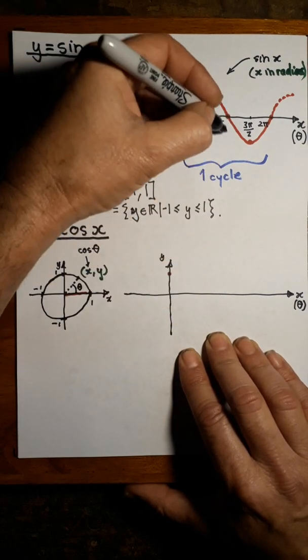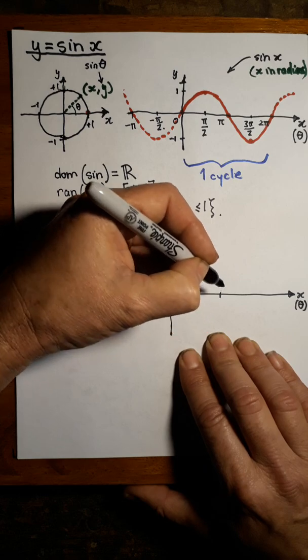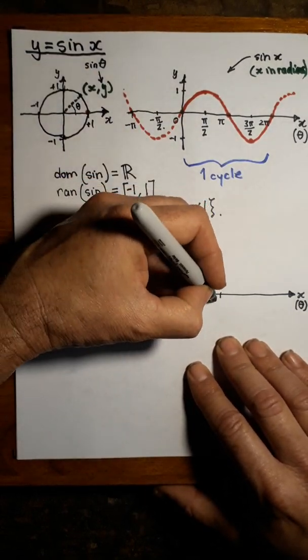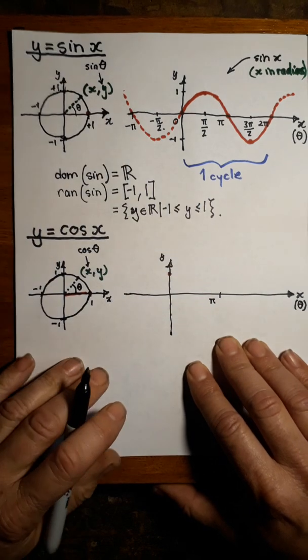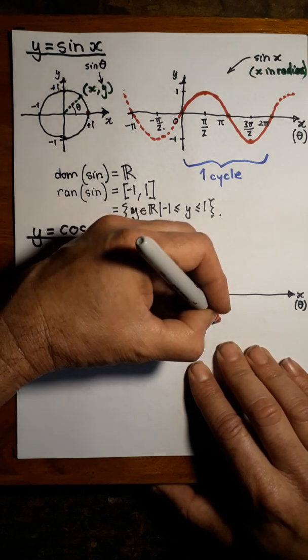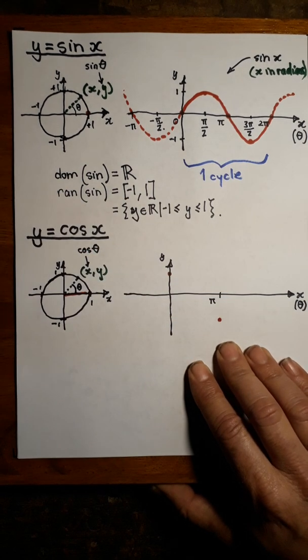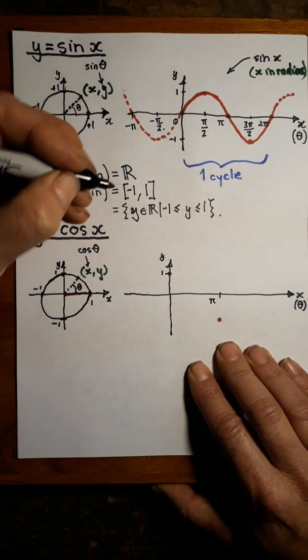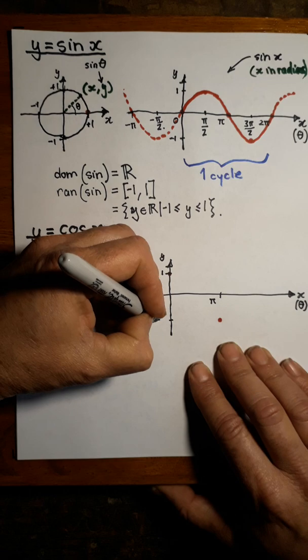So let's keep it in line with this graph up here. So this is our pi, and cos is at negative 1. So down here, let's just mark that on the axis. So we have 1, and down here we have negative 1.